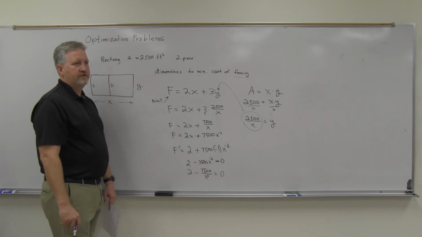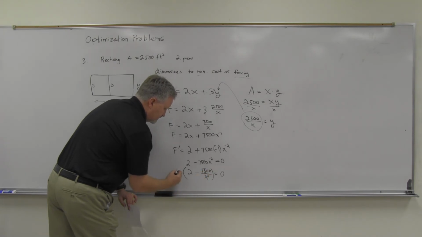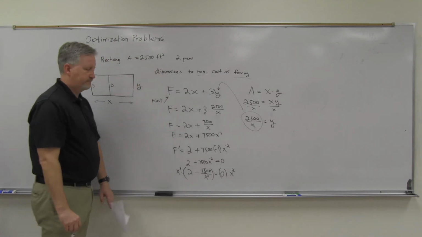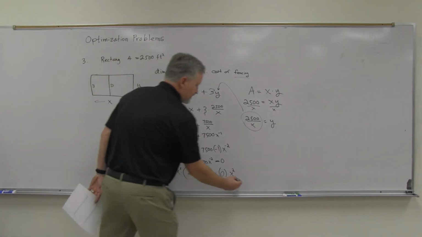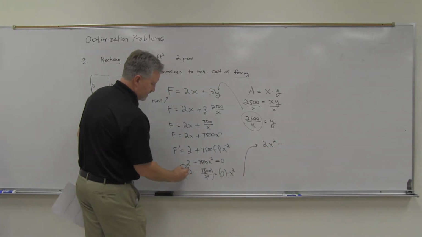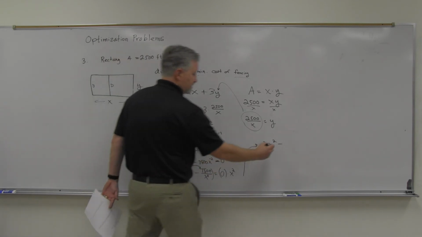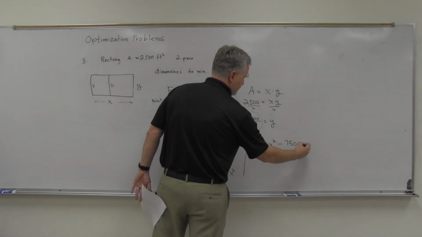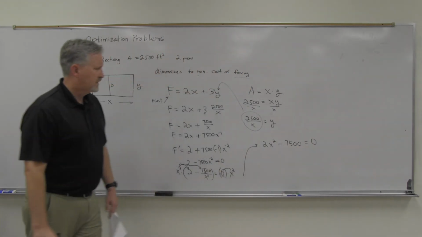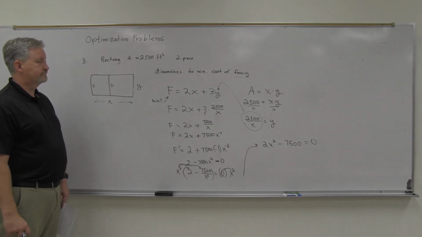And the way I've been showing is, let's go ahead and multiply both sides by that denominator to get rid of it. So that'll be 2x squared, that times that. And then that x squared times that, well, the x squareds will cancel, so that'll be minus 7,500. And then of course 0 times anything is still 0. One way to do it.